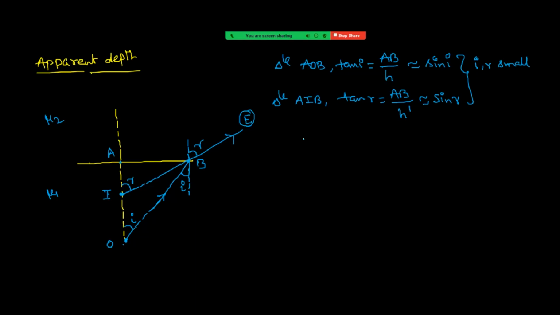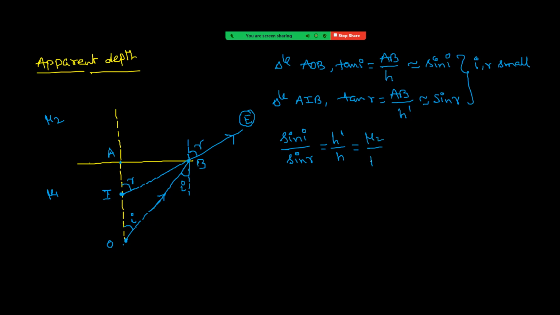Right. Now see what we get. Sin I by sin R is equal to H dash by H. And this gives us the refractive index of the second medium.